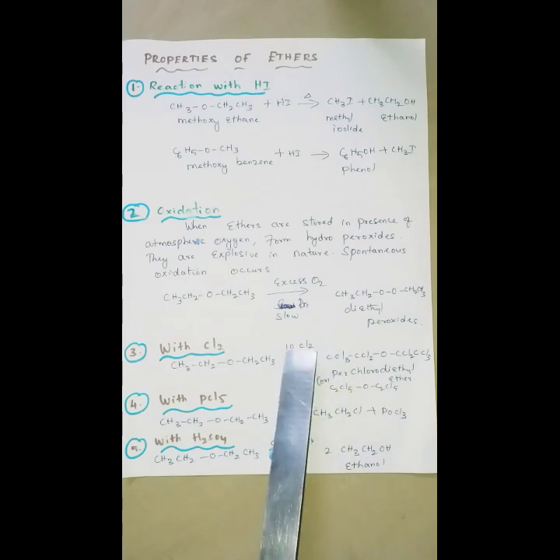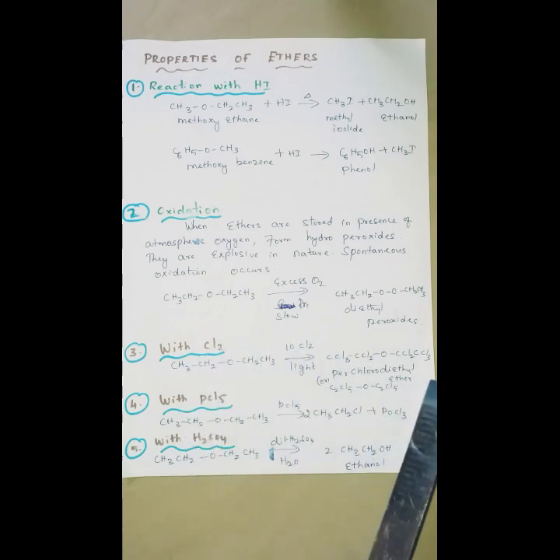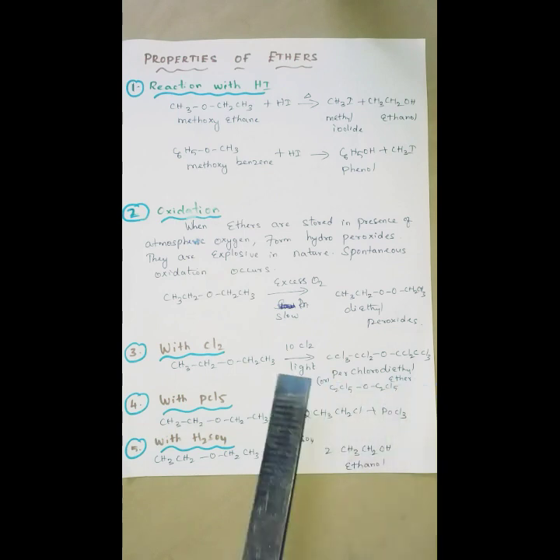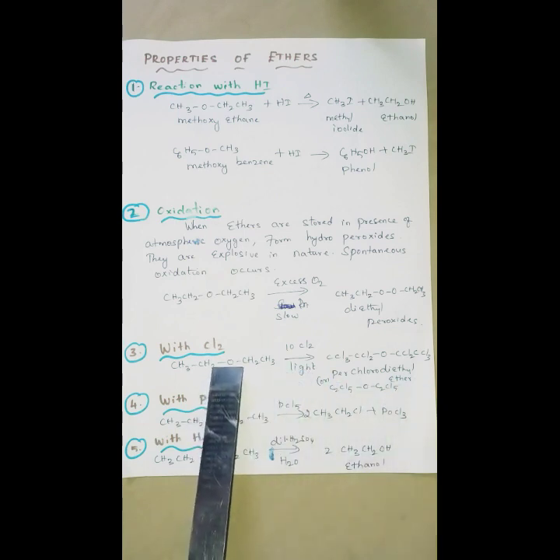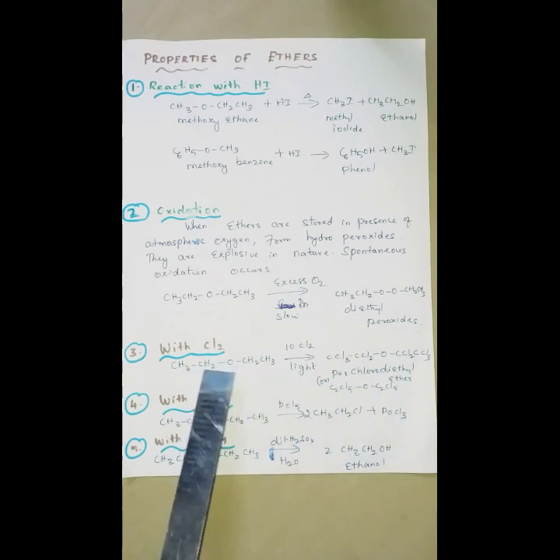The remaining 10 chlorine take away the hydrogen atoms to form 10 HCl. So this is an important reaction, how diethyl ether changes into perchlorodiethyl ether. All 10 hydrogen atoms change into 10 chlorine atoms to form C2Cl5OC2Cl5.